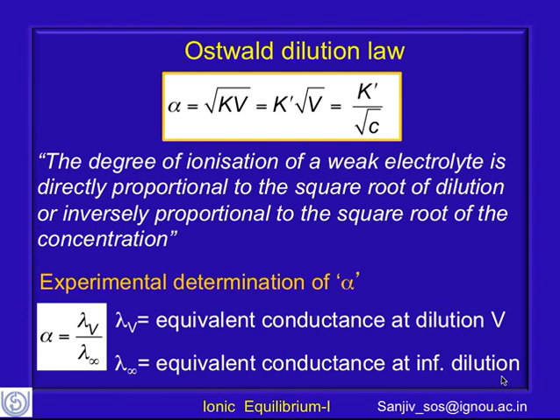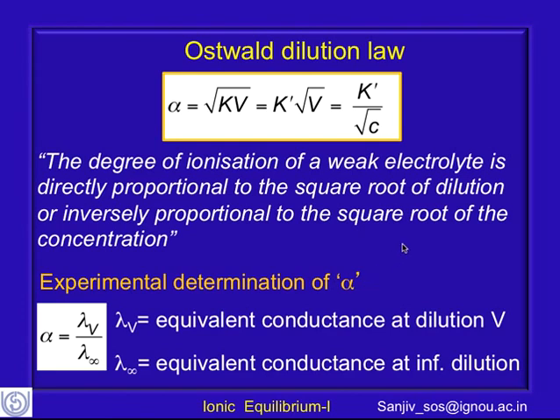This basically is equivalent to 100% ionization, so this ratio gives you the degree of ionization at a certain concentration. That is the way we have defined our alpha: the ratio of how many molecules are ionized to the total number of molecules in solution. We'll talk more about it at a later stage.